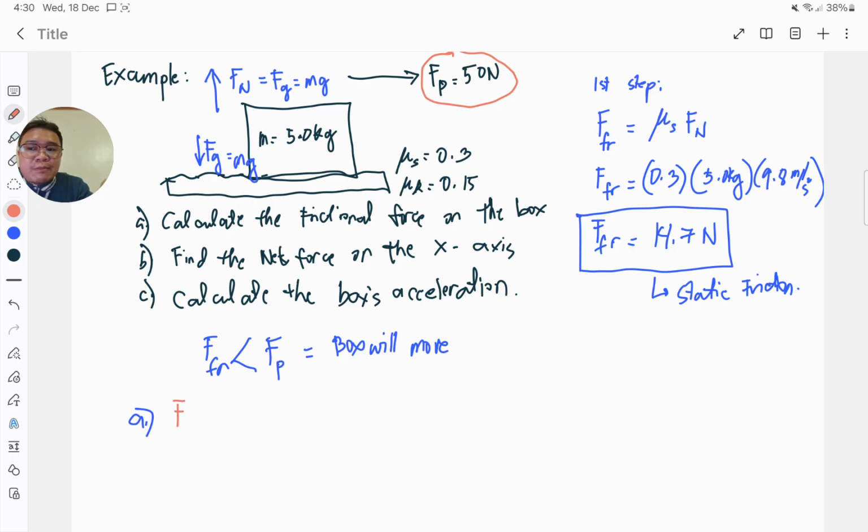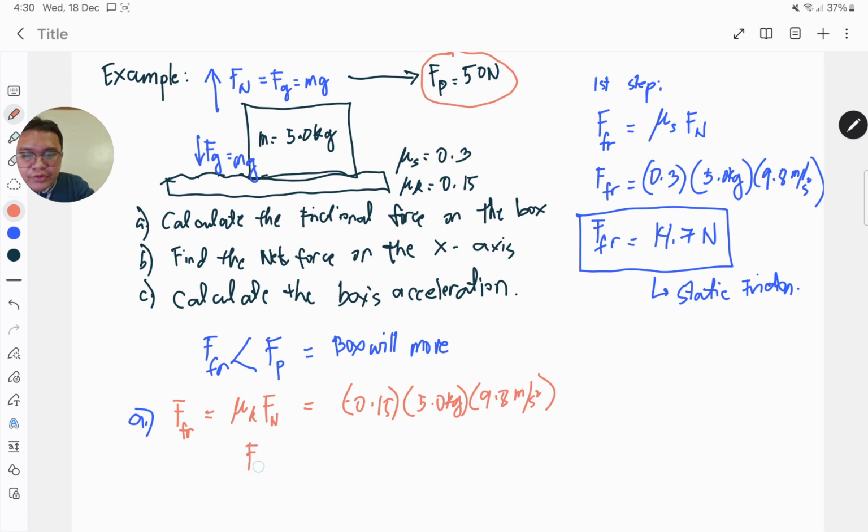Since the box will move, we need to use the coefficient of kinetic friction to solve for the frictional force. So our frictional force is equal to mu, the coefficient of kinetic friction, multiplied by the normal force of the object. In this case, this is 0.15 multiplied by 5.0 kilograms times 9.8 meters per second squared.